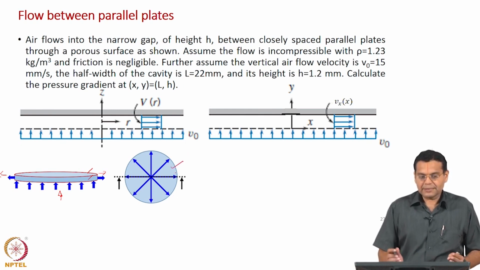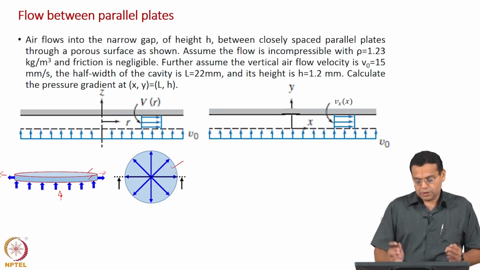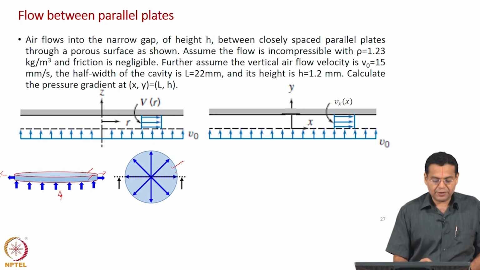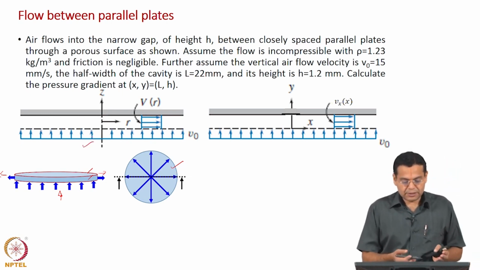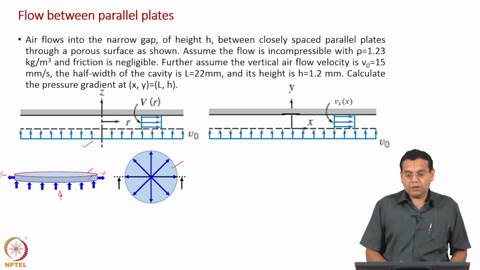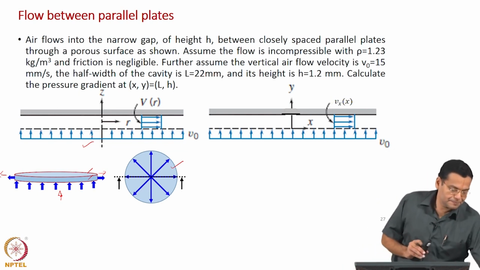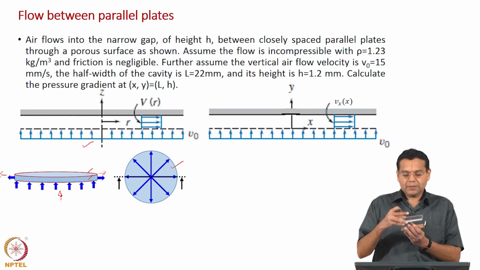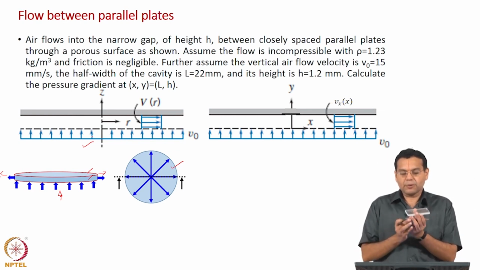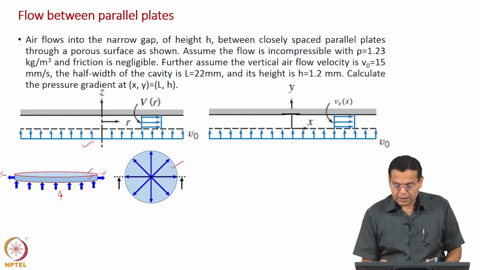Flow takes place radially and then leaves the plate, and this is the front view. But this geometry involves cylindrical coordinates. So, we will consider flow between just two parallel plates, but the difference is that the bottom plate is porous and air enters through the bottom plate and flows in these directions.